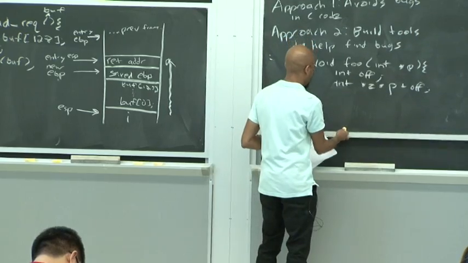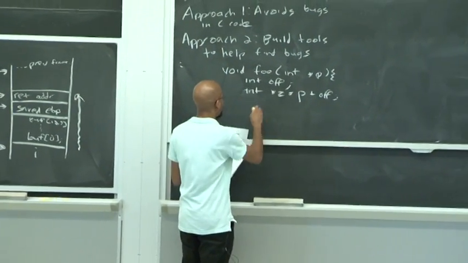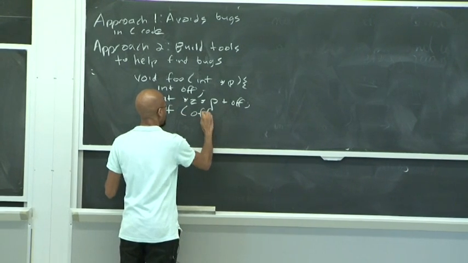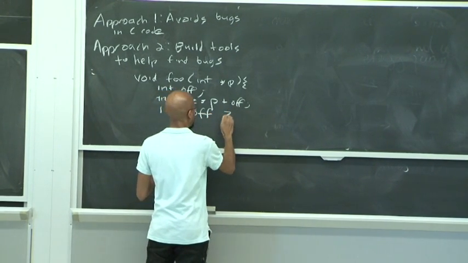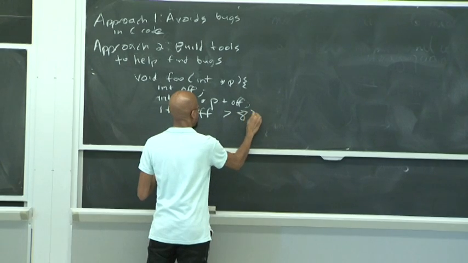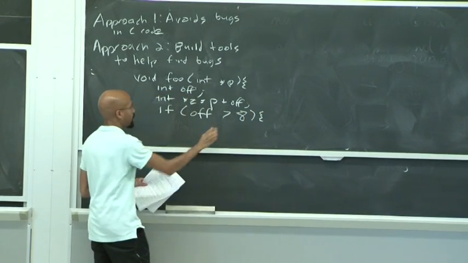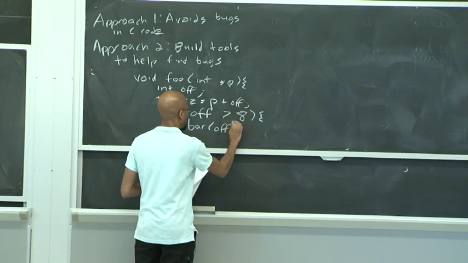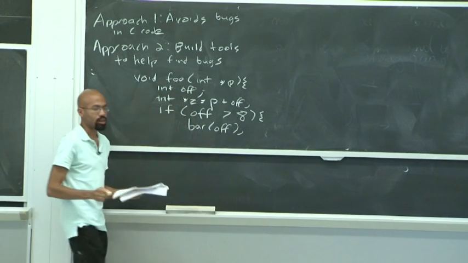Another example of what you can do is, let's say after this we had a branch condition here. We say if the offset is greater than 8, then we'll call some function bar and pass in the offset.